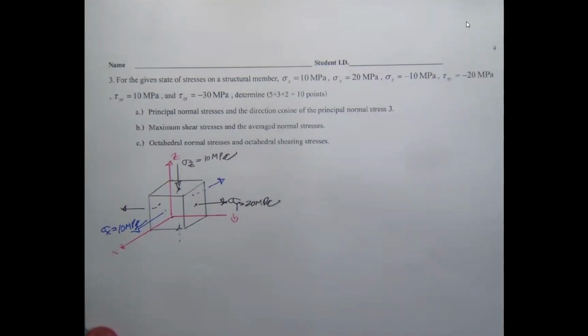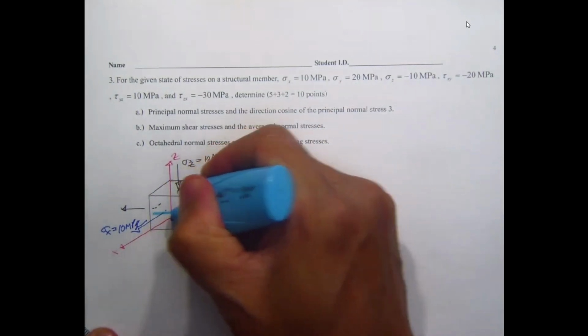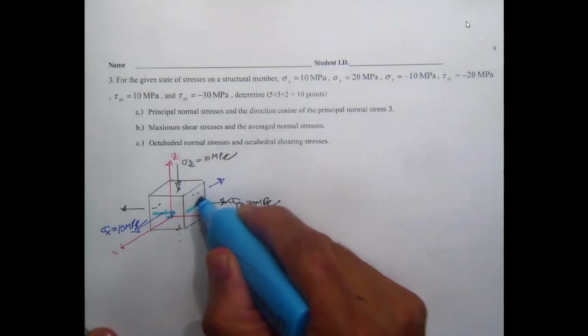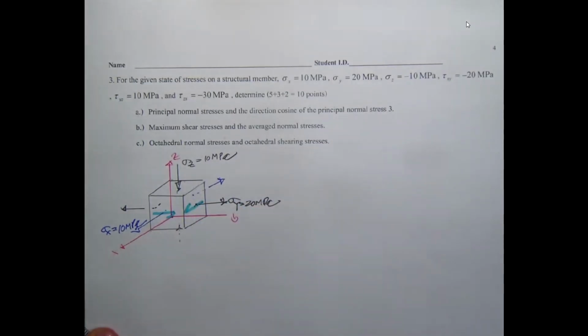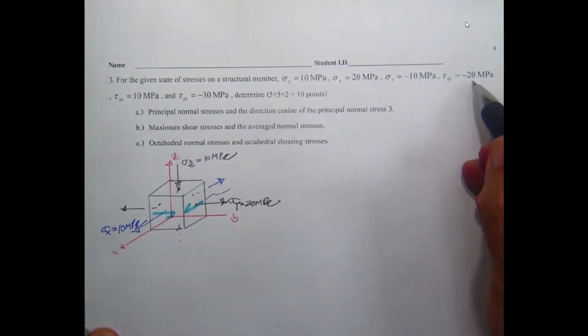How about tau sub xy? Tau sub xy is the shear stress on the surface x with the direction in y. This is tau sub xy, and this is tau sub yx. And for sure, this is going to be minus 20.